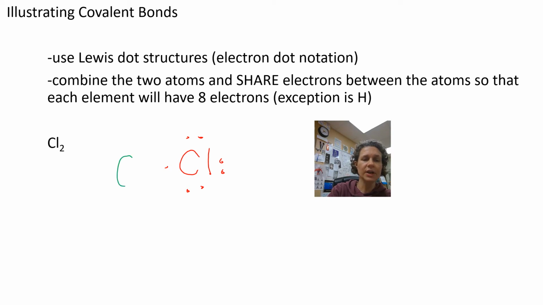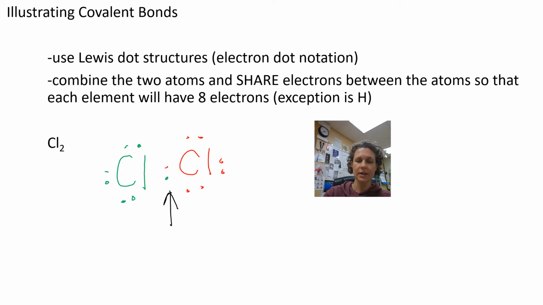If I put it over here, this little part over here is where they're sharing. They don't need any more electrons there, but I've still got to finish up the other electrons that chlorine had originally. Now you have both atoms having 8 electrons around them.